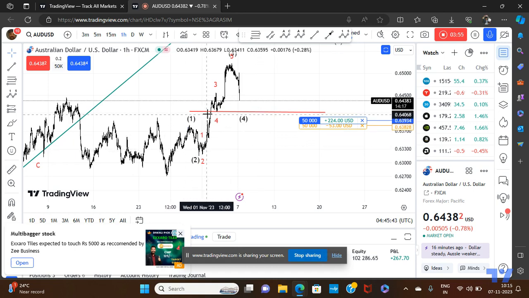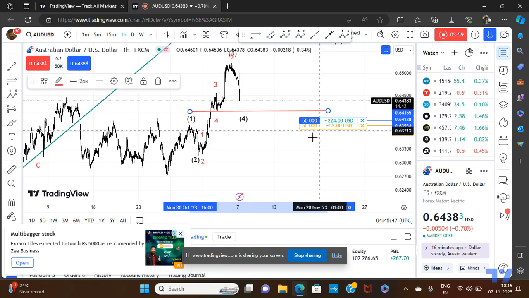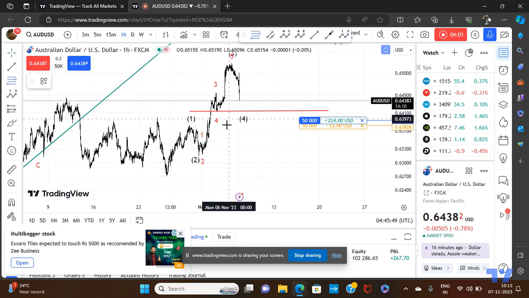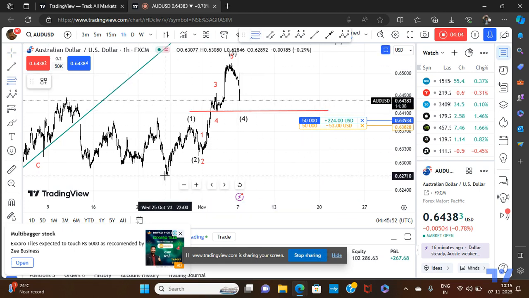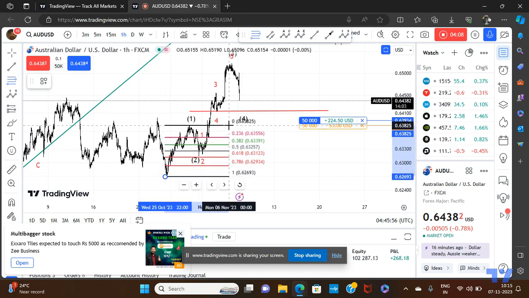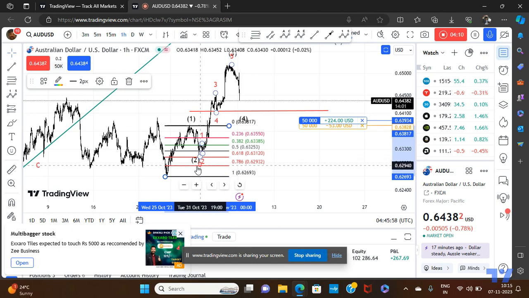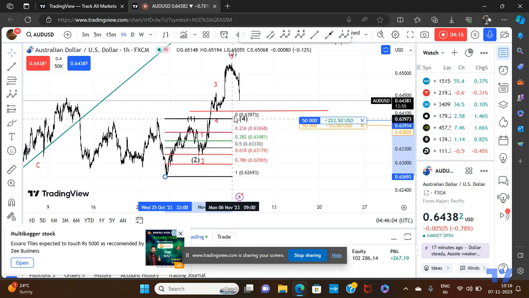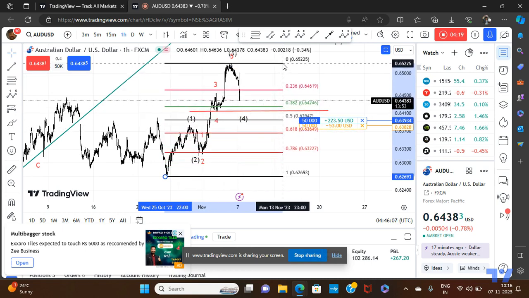So most probably the support should come at this point. Now I go by this. So the first wave. This was the first wave. Look at the retracement levels: A, B, C, 61%. Right? Now the fourth wave retracement should be 38%.